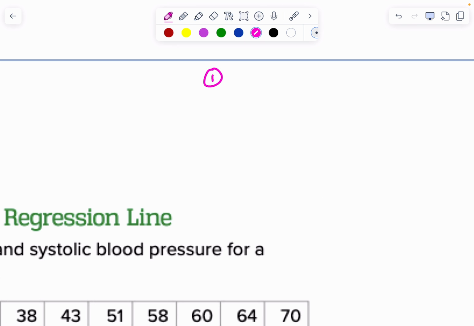Number 1 is, do you know how we turned our stat plot off? You want to turn your stat plot on. So go second y equals to the stat plot, and turn your first stat plot on. How do you turn it on? You click the first one, and then you hit over to on, and you hit enter. It should be black on on. Got it? First stat plot on.